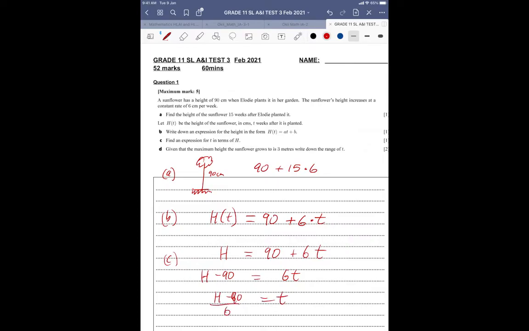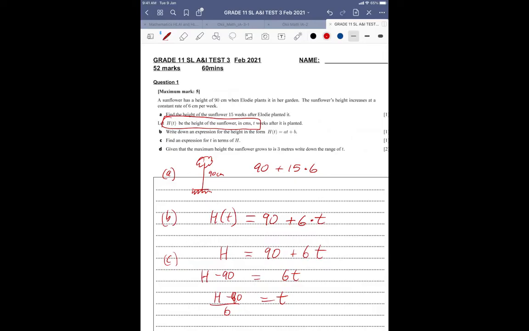And the final part, D, given that the maximum height the sunflower grows to is 3 meters. I had to take a deep breath when I was marking some of your work here. Of course, 3 meters, but notice that h of t is the height of the sunflower in centimeters. So we can only use centimeter measurements.